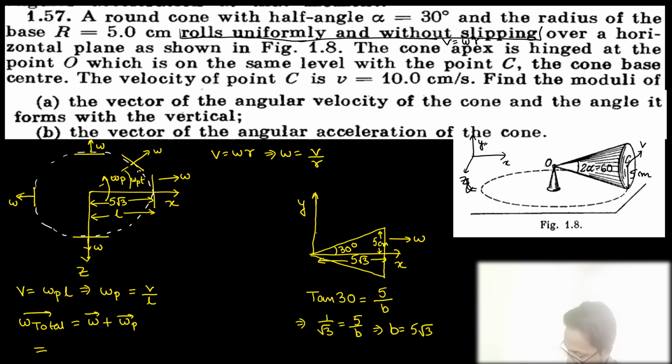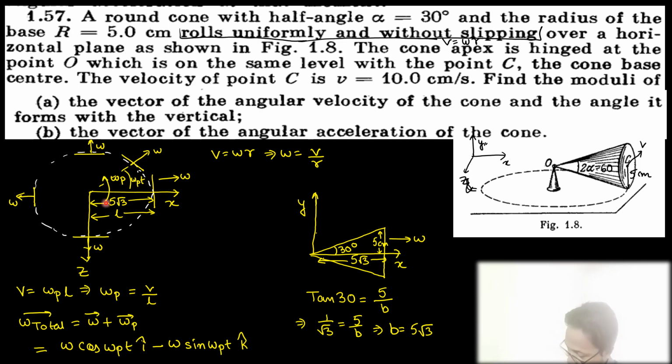So the angular velocity omega will be written as omega cos omega pt i minus omega sin omega pt k. Why k? Because this is negative z direction. If this is positive z direction, this would be negative z direction. That's why this minus.